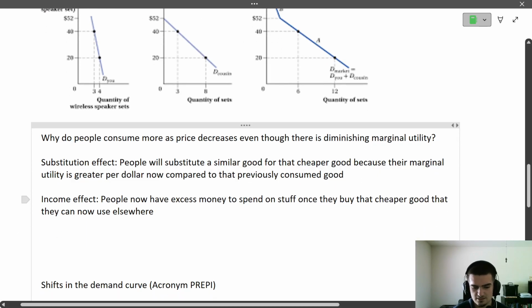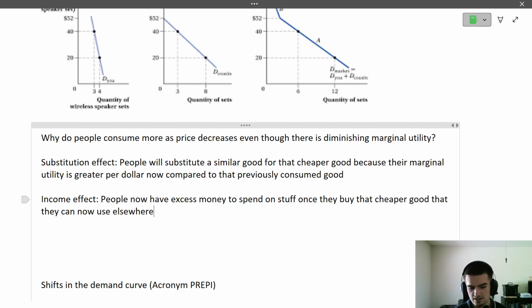The income effect is another reason why people consume more as price decreases. People now have more money to spend on stuff once they buy that cheaper good, which they can now use elsewhere.